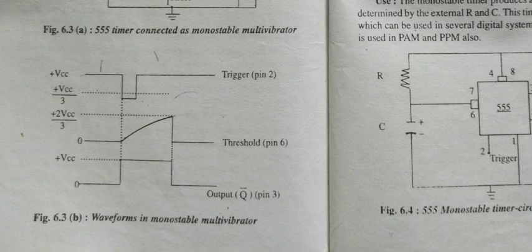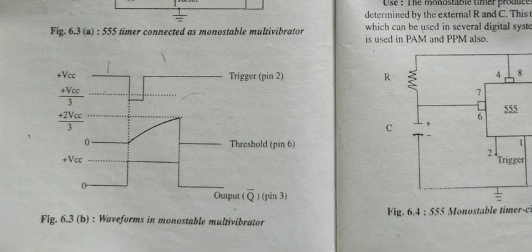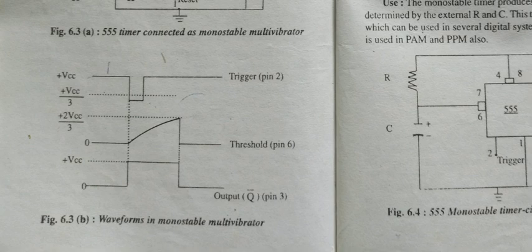When the capacitor voltage is slightly greater than plus 2 VCC by 3, the upper comparator provides a high output which sets the flip-flop. This turns on the transistor, therefore the capacitor gets discharged.